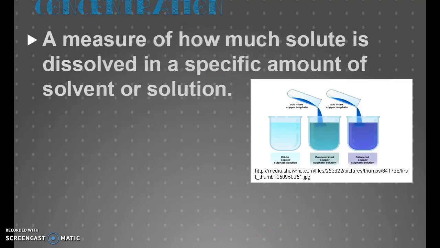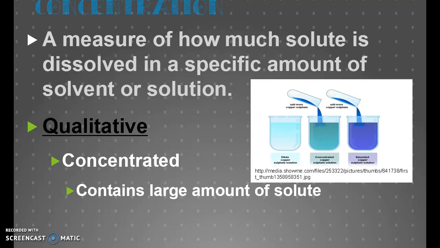We can also talk about solutions as if they were dilute versus concentrated. So you went through a little bit of this with your molarity activity, the POGIL one. And so this is qualitative data if we talk about it in this term. So we can talk about it being concentrated, we can talk about it being dilute.